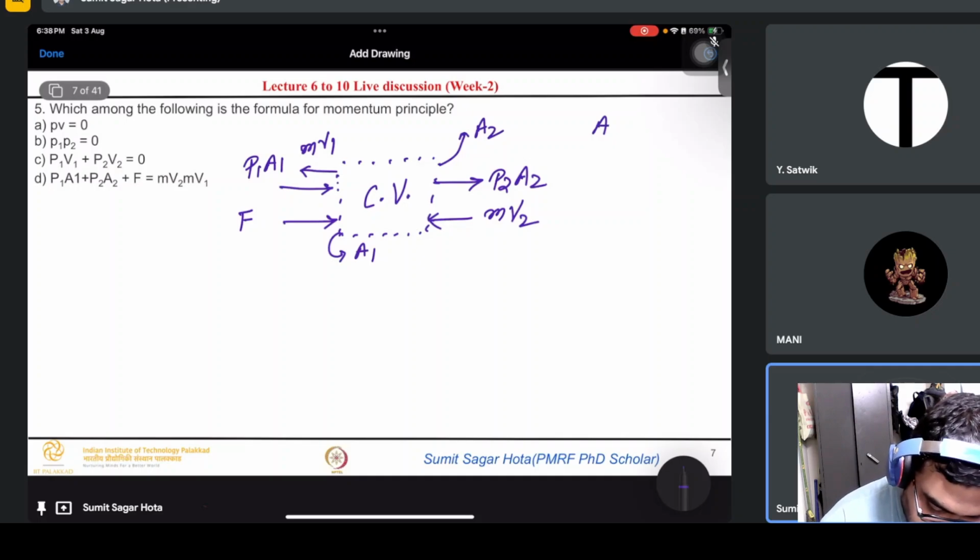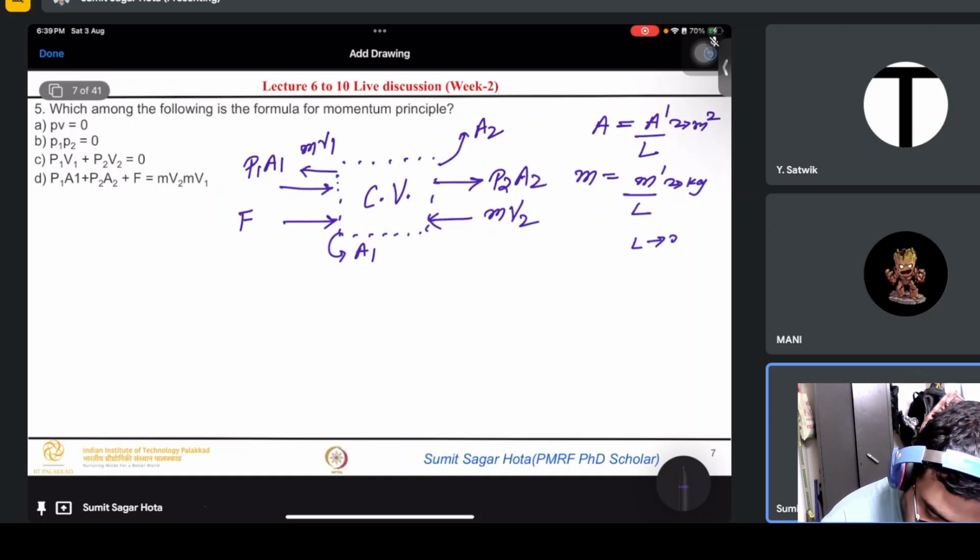Maybe A is equal to A dash by L and M is equal to M dash by L, where this is meter square, this is kg, and L is in meter. What we are doing is applying the conservation of momentum with the counterclockwise direction as positive.